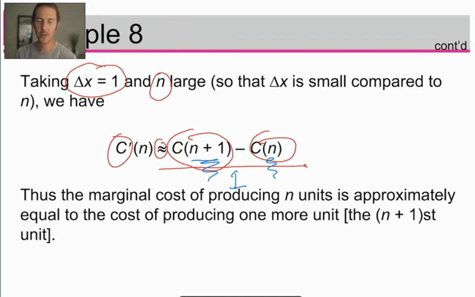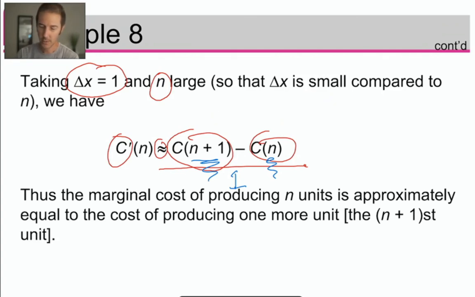Instead of marginal cost, think of it as rate of change: the rate of change between producing n units and producing n plus 1 units. That rate of change is approximately equal to the cost of producing that n plus first unit.